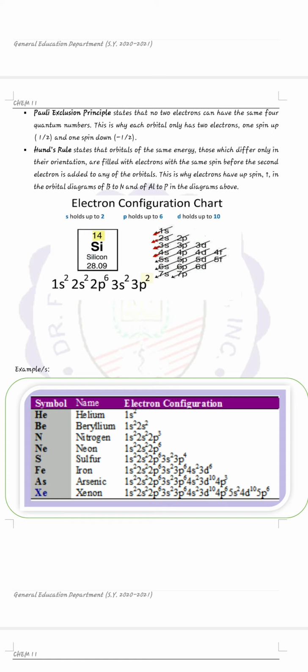It said that in the same energy, nagdi-differ pa rin siya kahit the same energy level yung atom, nagdi-differ pa rin siya in the orientation. Okay, so that makes the Hund's rule possible.